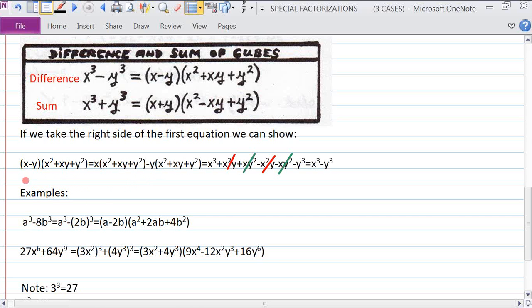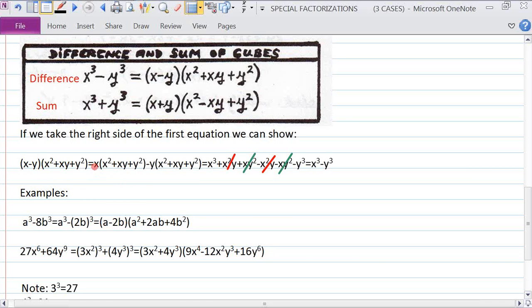So let me repeat. x times the contents of the second bracket, then the minus, and then y times the contents of the second bracket. So I've got that right here.